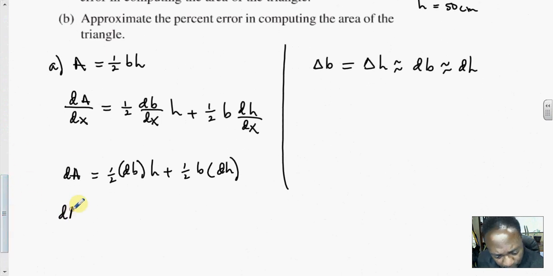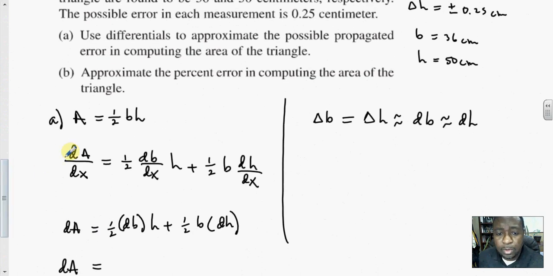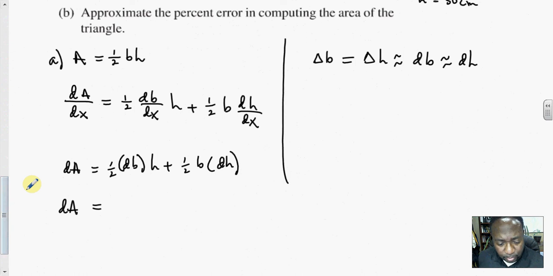We're looking for the so-called propagated error, so we just put a plus or minus in front of that. So we have 1/2 times plus or minus 0.25 times the height.